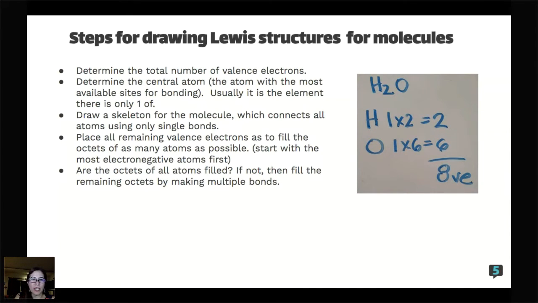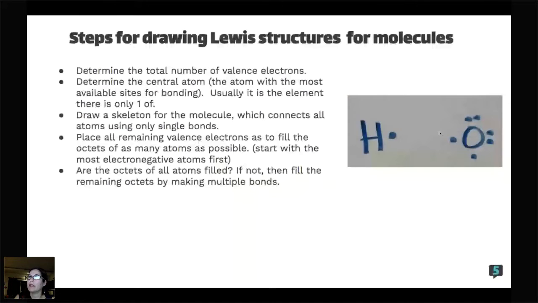Oxygen is the central atom. Very good. So we place the central atom and we draw a skeleton of the molecule. So this one here will help us decide the bonds, the one that has more sites for bonding. Here we have 2 sites for bonding versus hydrogen that has only 1 site for bonding. So that's how we decide if we're not sure.